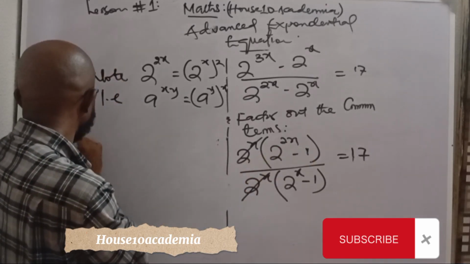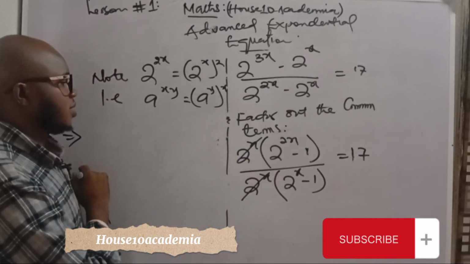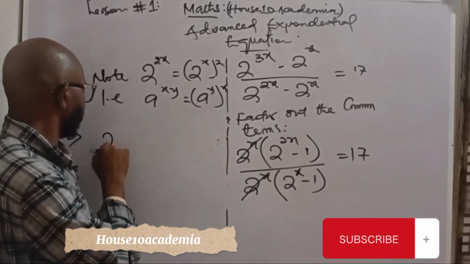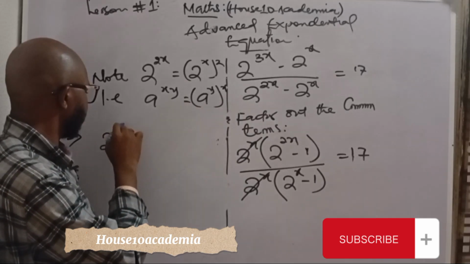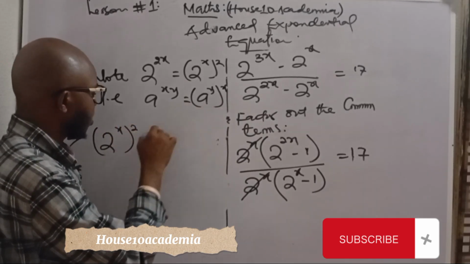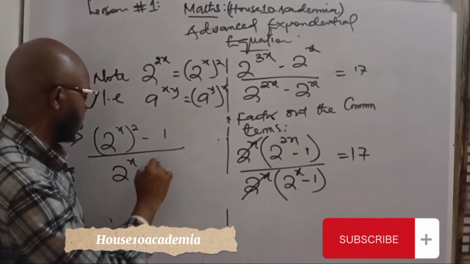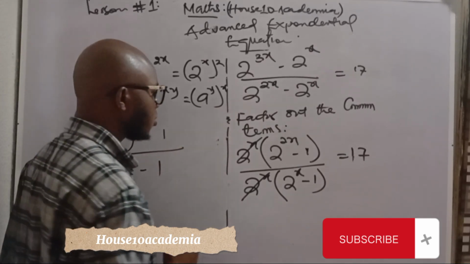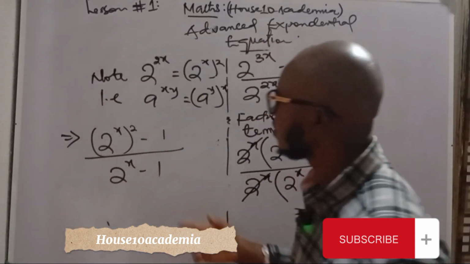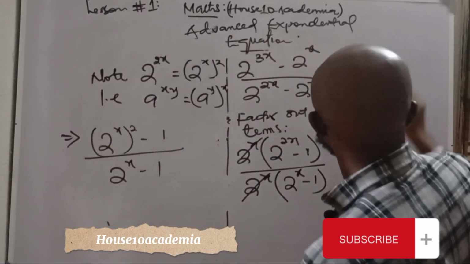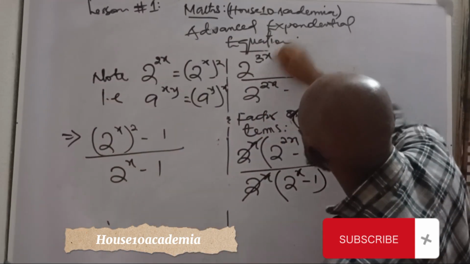So now what we are going to do, we are going to say (2^x) squared minus 1 over 2^x minus 1. So this is a difference of two squares. So let me clean this side off.